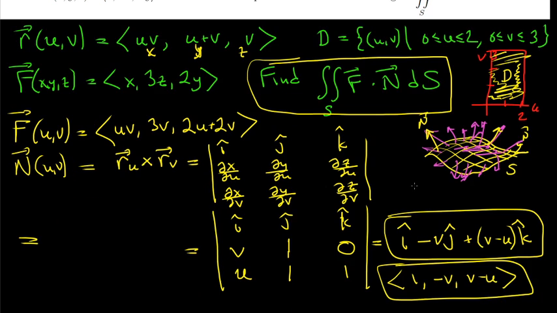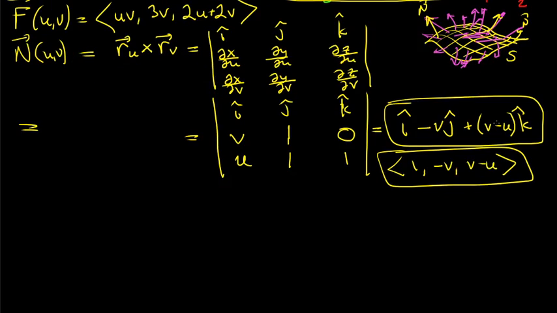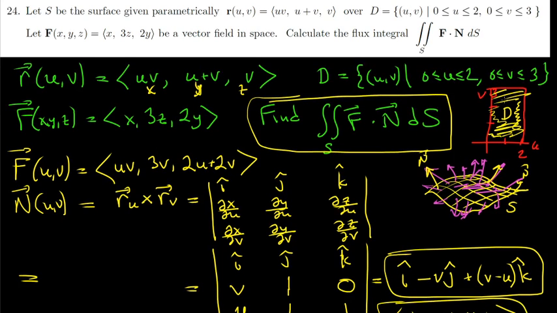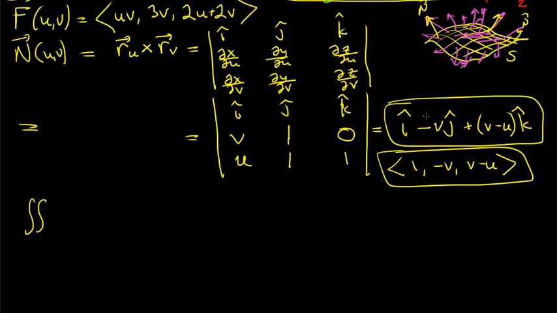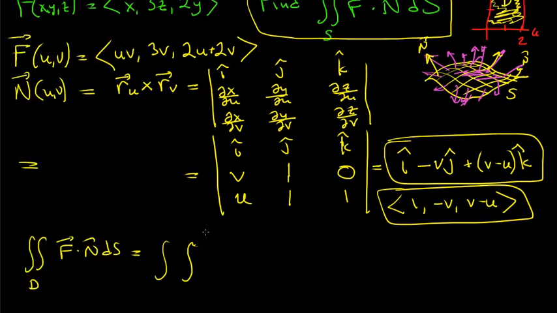So now all we need to do is integrate over the surface S, well, over the rectangle. I don't know why I'm calling it D again; it should be R for rectangle, but here I'm using D. Again, F dot n dS, which in this case is, I'll make a little more space for the bounds.